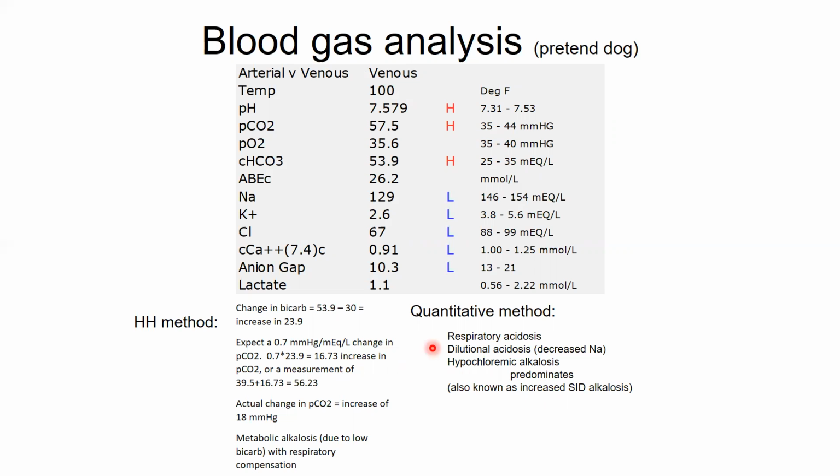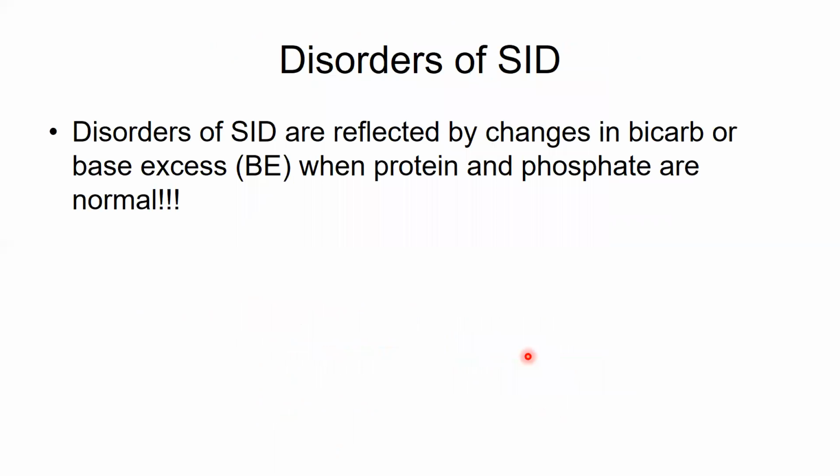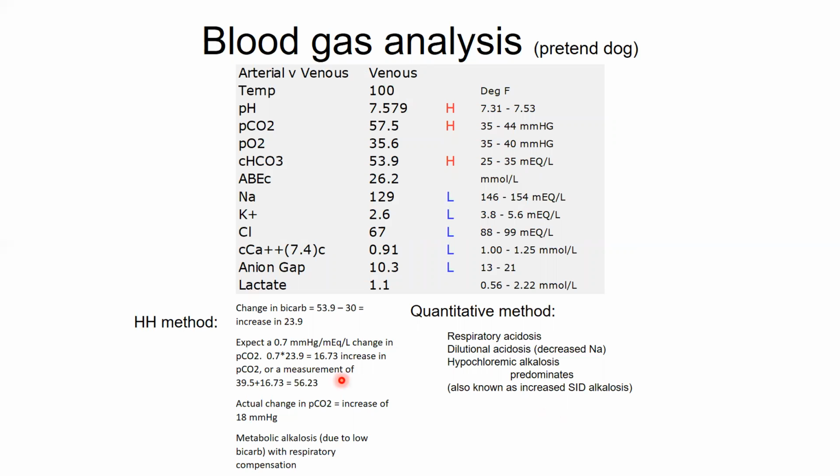So that's just two different ways of describing the same thing. And disorders of SID are also reflected by changes in bicarb or base excess. And in this case, these two methods are equal as long as this cow has normal phosphate and normal protein, which we don't know yet.